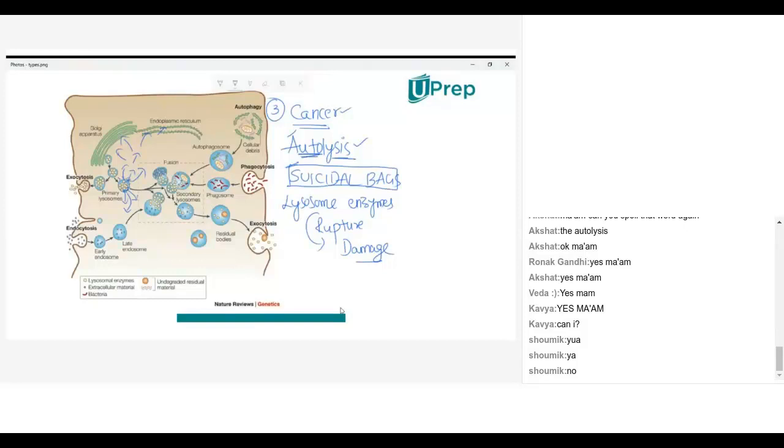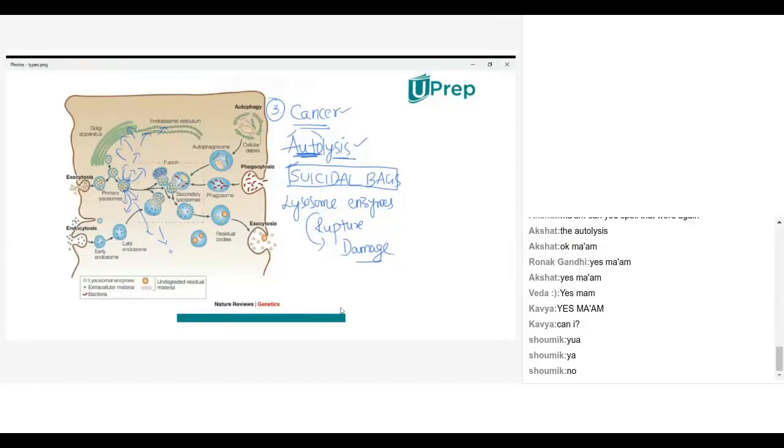They may damage endoplasmic reticulum, Golgi apparatus, and other cell organelles also. So this process we call autolysis. Autolysis is the process of damaging the cell's own material.